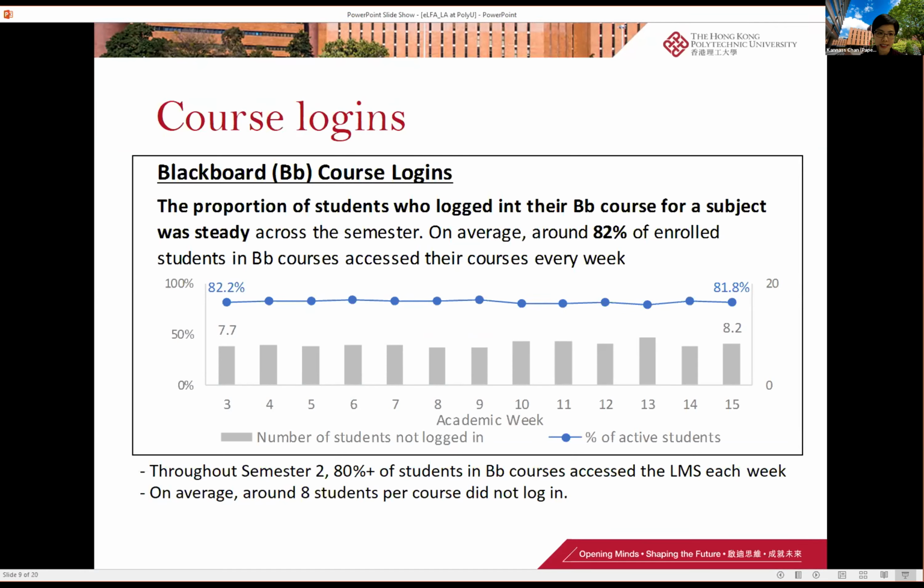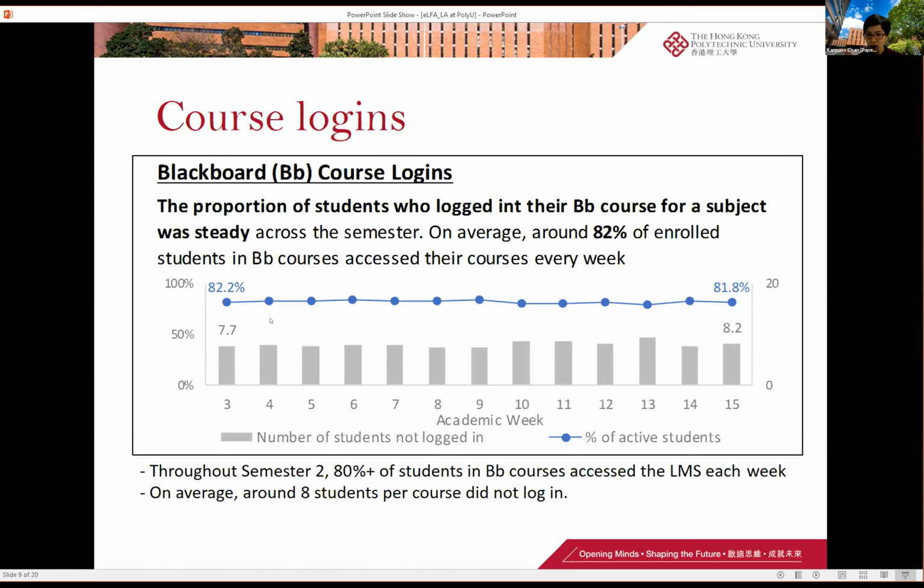First, Blackboard course log in. Throughout semester 2, you will see that the blue line is the percentage of active students. On average, about 80-plus percent of students in a Blackboard course access the LMS each week. The gray bar is the number of students not logged in.